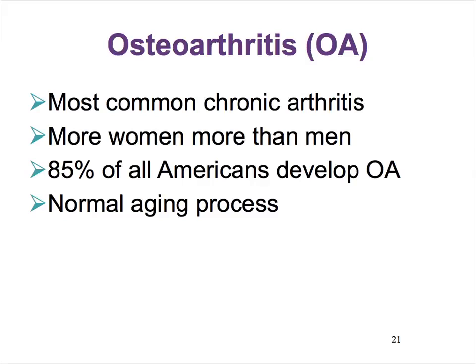So osteoarthritis is the most common form of chronic arthritis and is much more prominent in females than in males. And most of us develop it. The majority of us already start forming osteoarthritis as teenagers when we're athletic and we're doing perhaps a lot of running or playing football or we're playing tennis or we're dancing ballet.